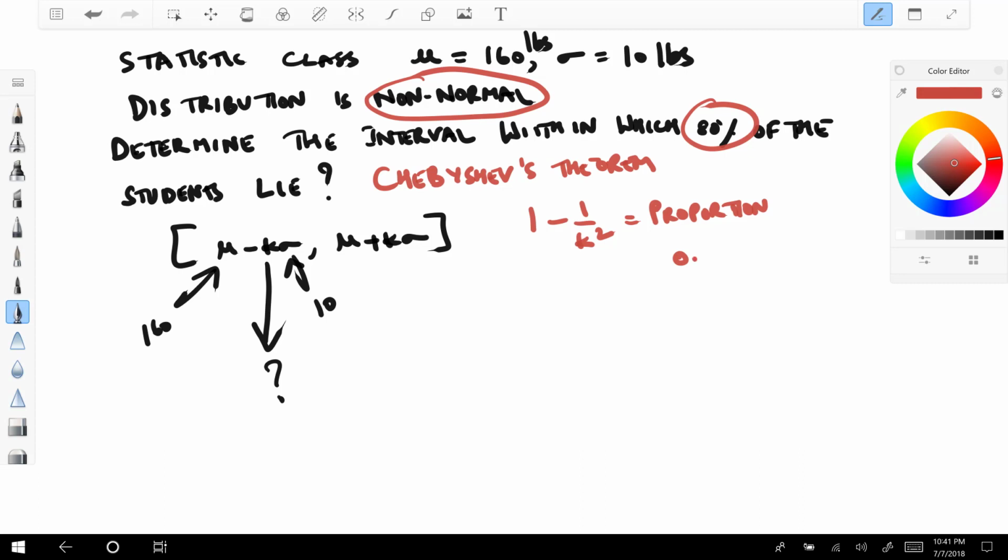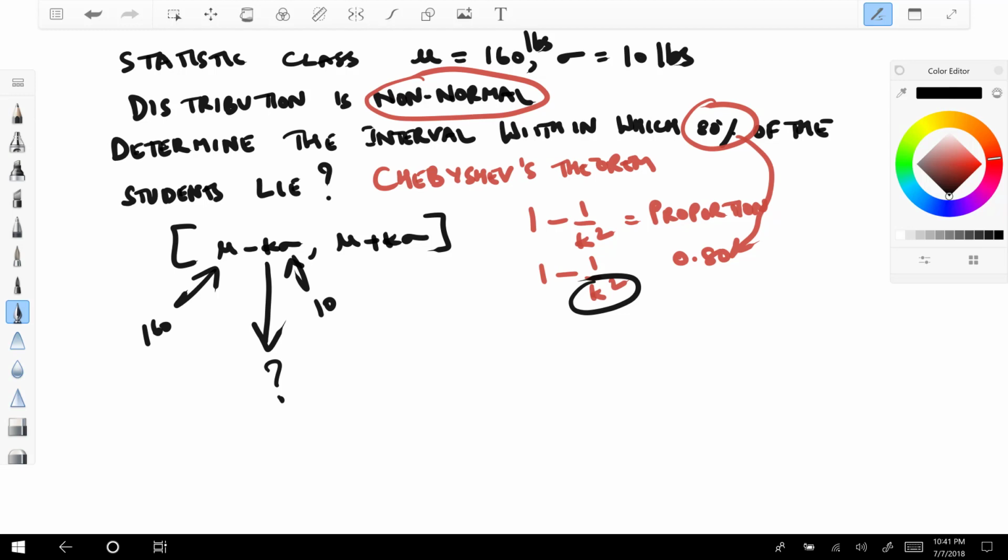So 80% means 0.8. So 1 minus 1 by k square is 0.8. So now I have to determine k square from this.